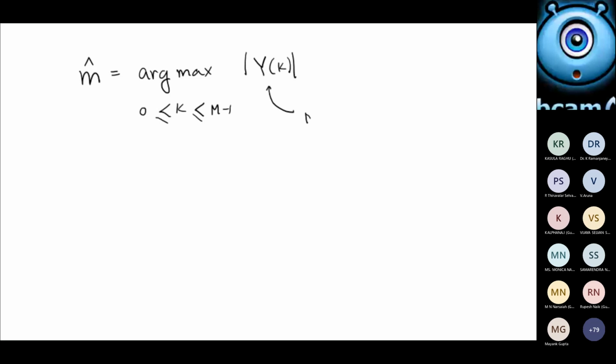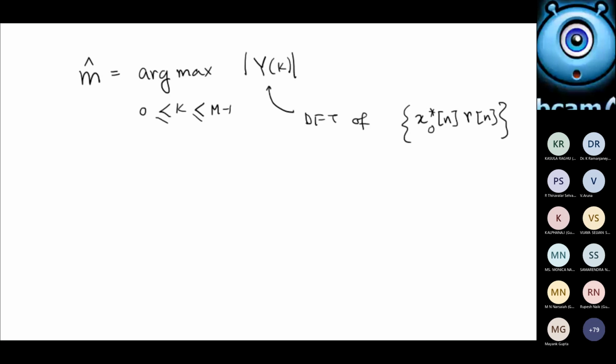So this Y of k is the DFT of R of n times x naught conjugate of n. So this quantity, if we take its DFT, we get Y of k.